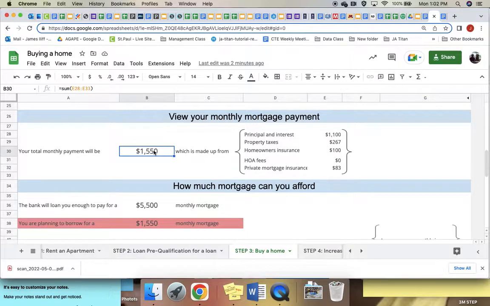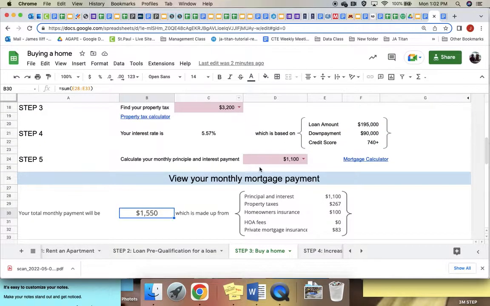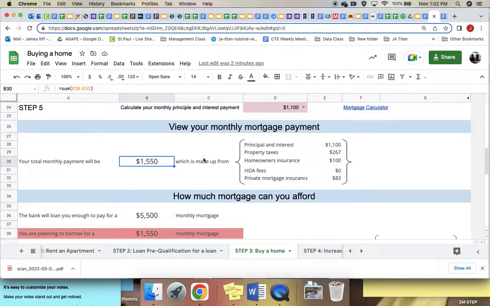By the way, this is all calculated. Notice that this is a simulator that's all dynamically built. So they only fill in the pink cells, and then the automation comes in and fills out the rest. This is cool because it shows the students how your monthly mortgage is derived. So we got principal and interest, taxes, homeowner insurance, HOA fees, private mortgage, etc. So students get to learn this.